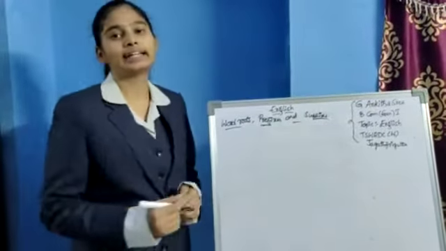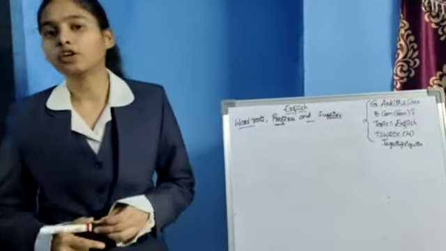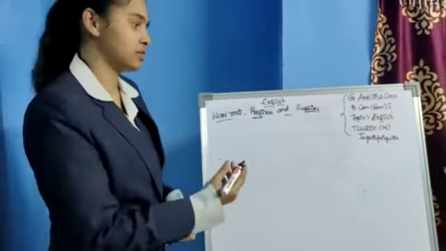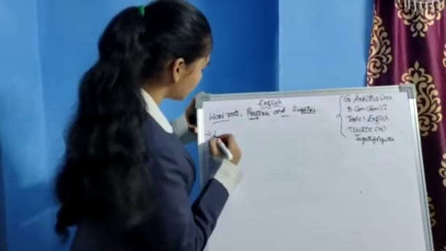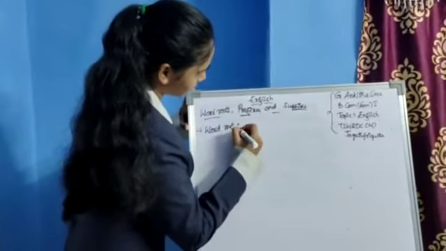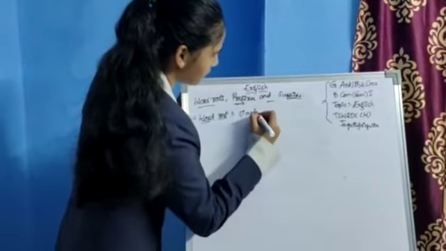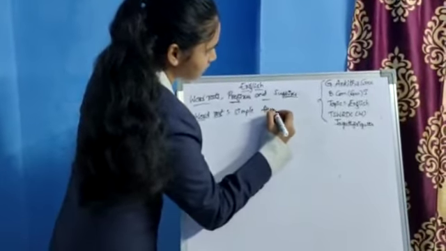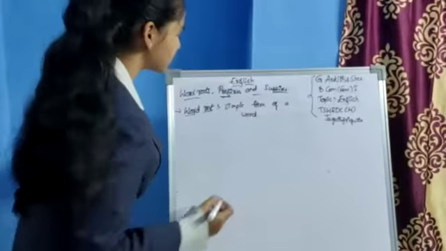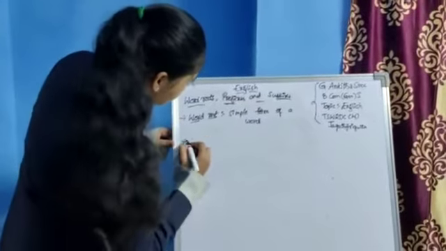Before stepping into the topic, let us know the meaning of these words: word roots, prefixes and suffixes. The first word, word root. What does a word root mean? Word root is nothing but a simple form of a word. And coming to the second one, prefix.